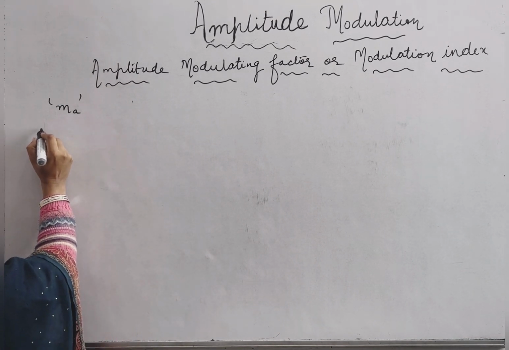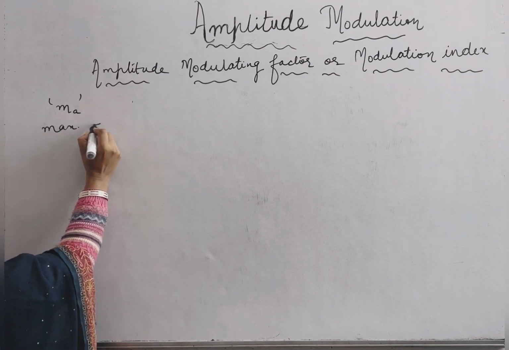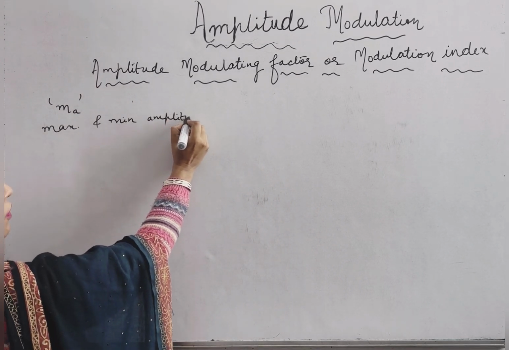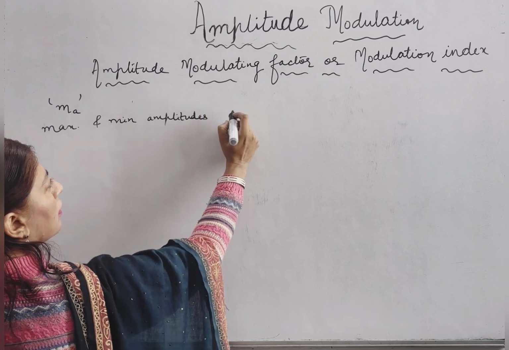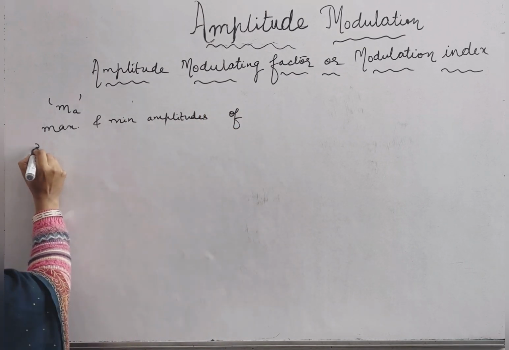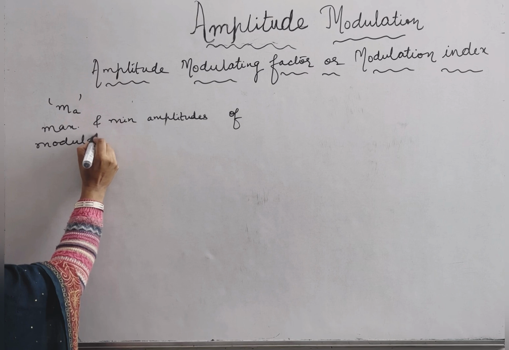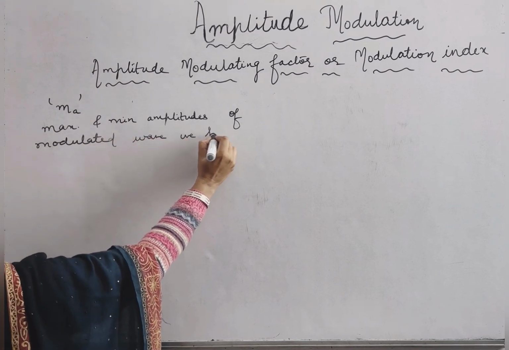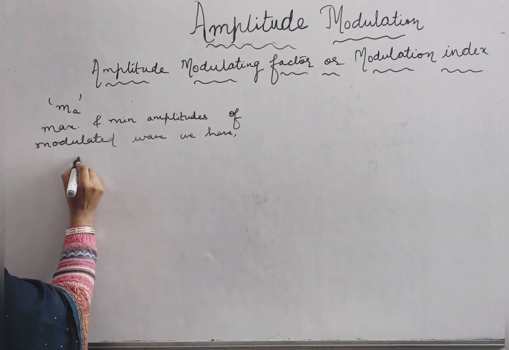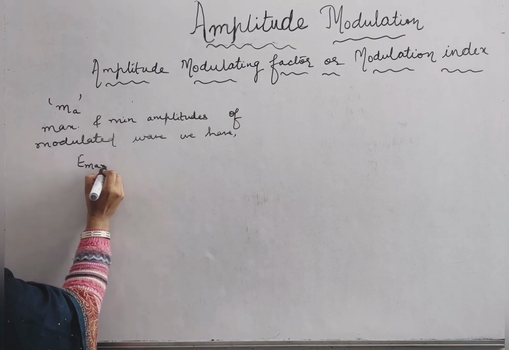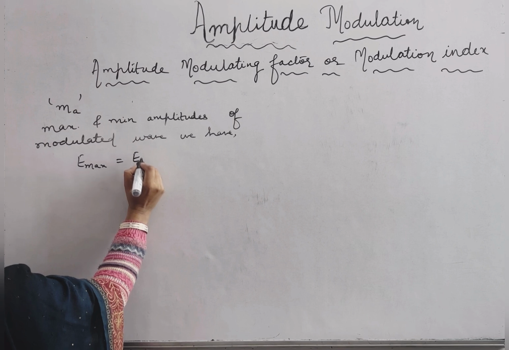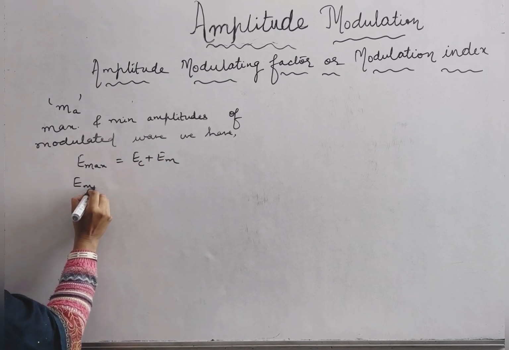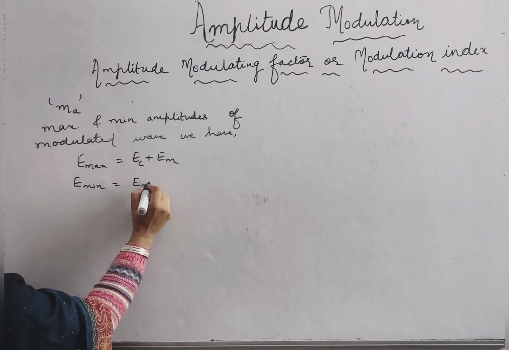Considering the maximum and minimum amplitude of the modulated wave, we have E maximum equal to EC plus EM, and E minimum equal to EC minus EM.